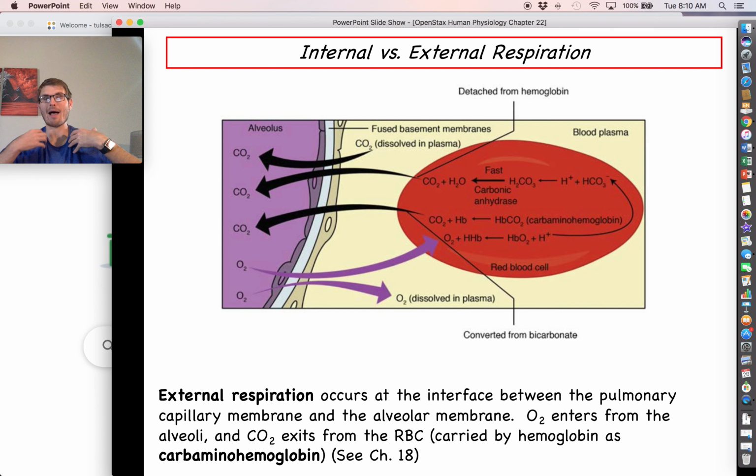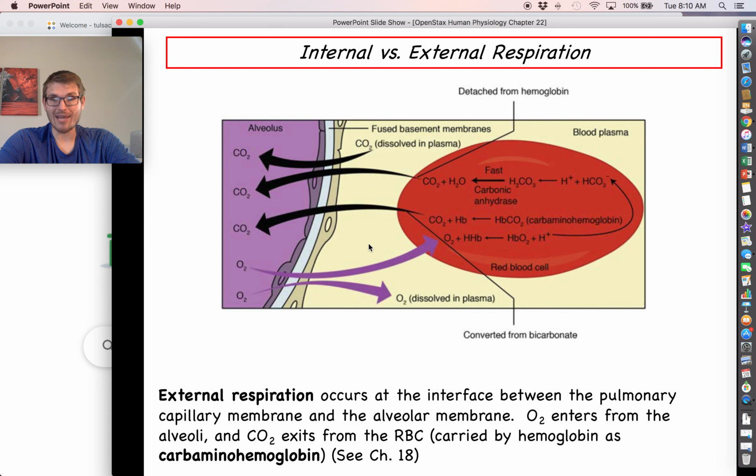So we're picking up oxygen, we're getting rid of carbon dioxide. Here, oxygen diffuses freely across the membrane of the type 1 alveolar cells, across the membrane of the capillary endothelia. Because of the very high surface area, that diffusion happens very quickly.